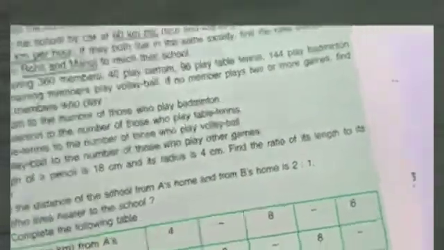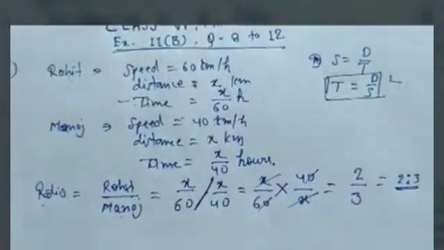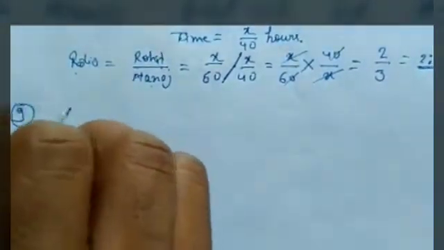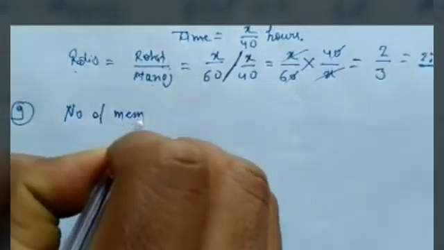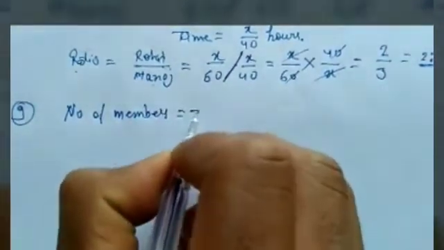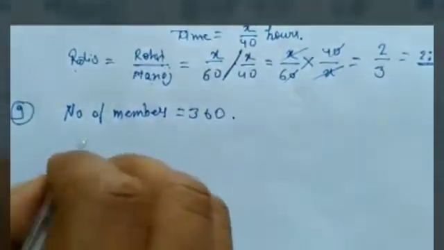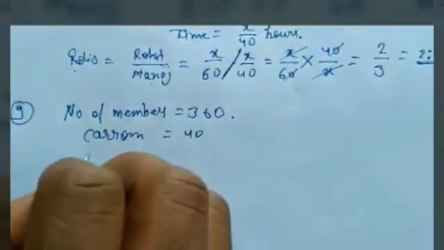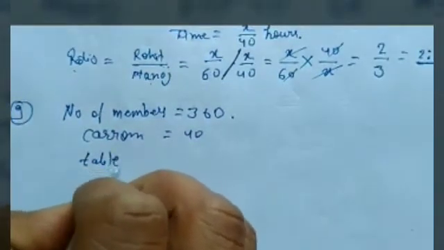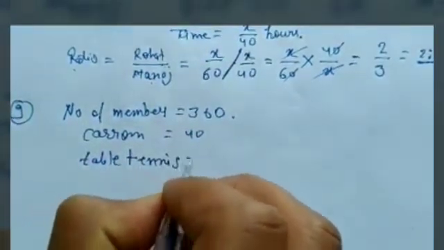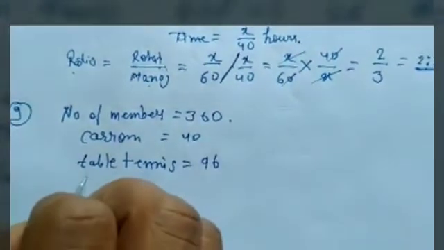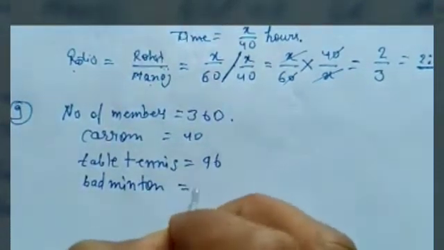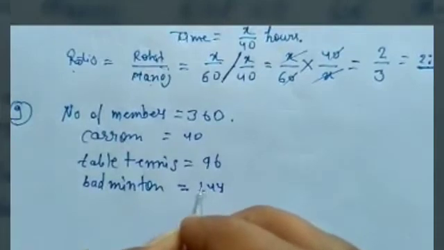First of all, distribute the number of members. Question number 9. Total number of members are 360. For carom, 40 students. For table tennis, 96 students. For badminton, 144 students, and remaining students play volleyball.